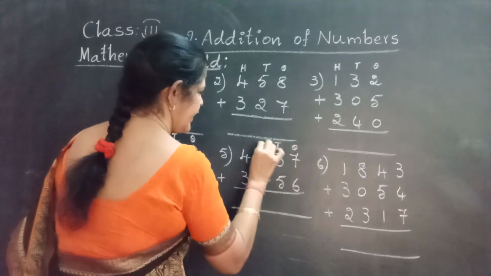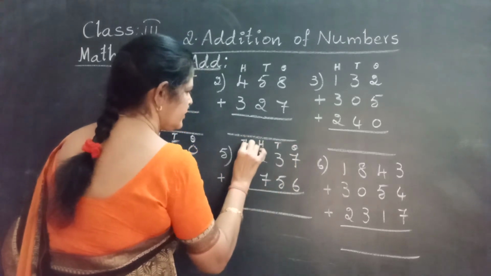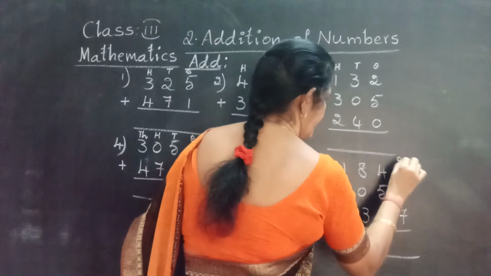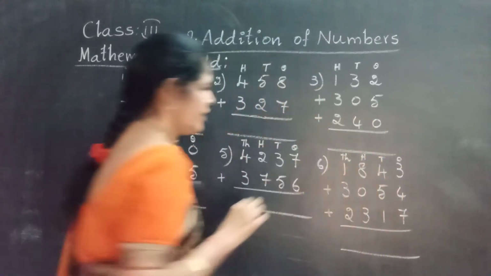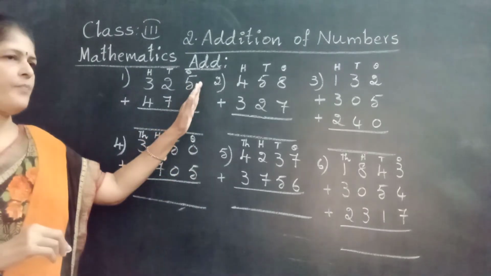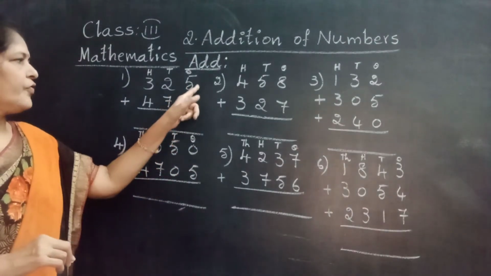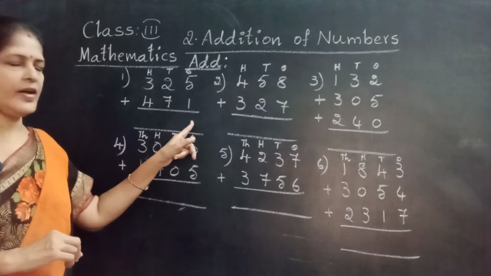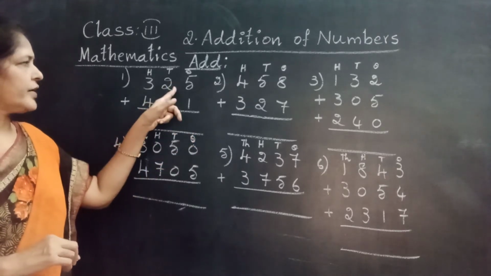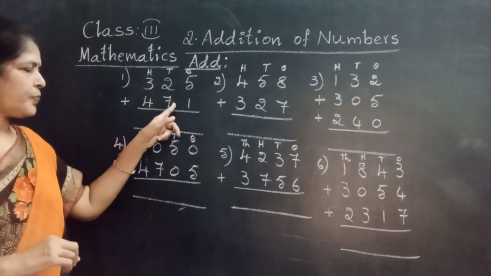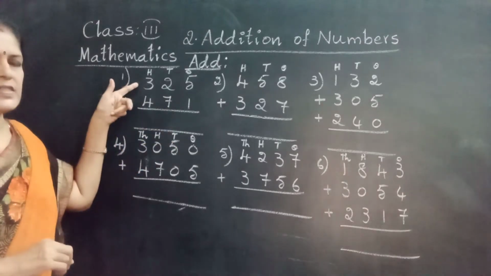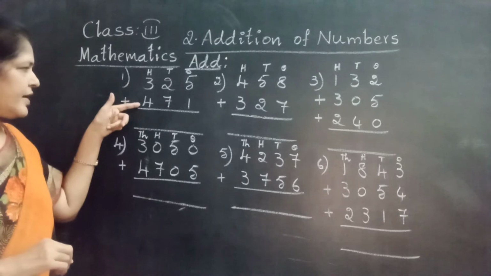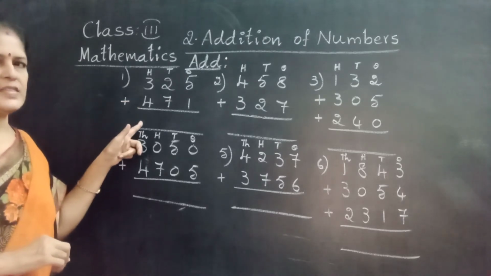Every addition starts from the ones place only. First add the ones, write in the ones place. Next go to the tens column, add the tens place numbers, write in the tens place. Then go to the hundreds place, add the hundreds place numbers and write in the hundreds place.